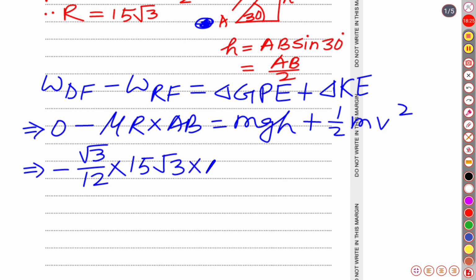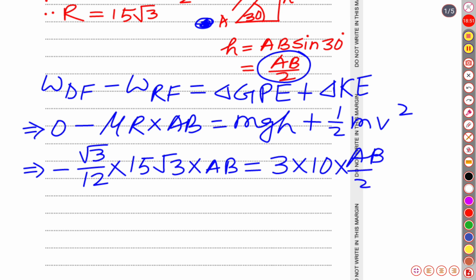Into AB equal to mass of the particle. Mass of the particle is 3 kg. Acceleration due to gravity is 10, and the particle was moving up, so it must be positive. The difference between the initial and final height we have already obtained, which is AB over 2.